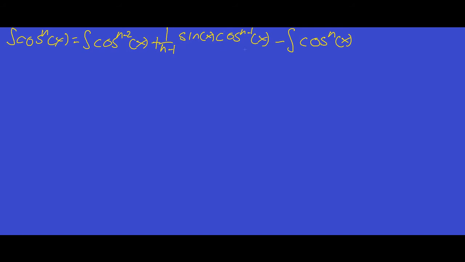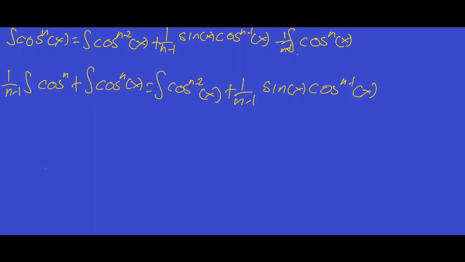So, ita-transpose natin itong negative 1 over n minus 1 integral of cosine raised to the power of n dito sa kaliwa niya. So, nakita nyo na transpose ko na siya, 1 over n minus 1 integral of cosine raised to the power of n.